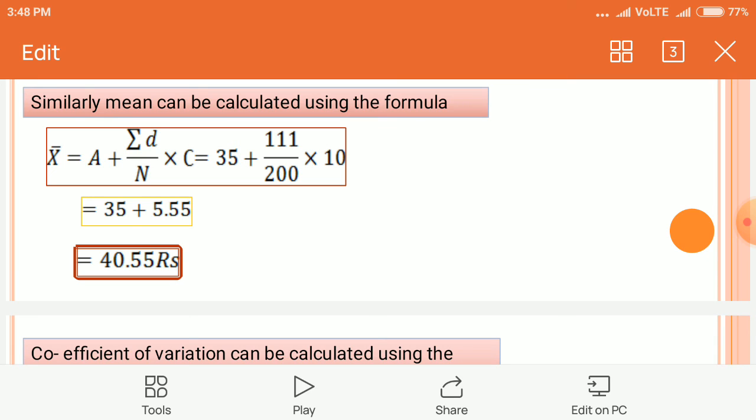Therefore 35 plus 111 into 10, 1110 divided by 200 is equal to 5.55. Therefore 35 plus 5.55 is equal to 40.55 rupees. This is the value of arithmetic mean.